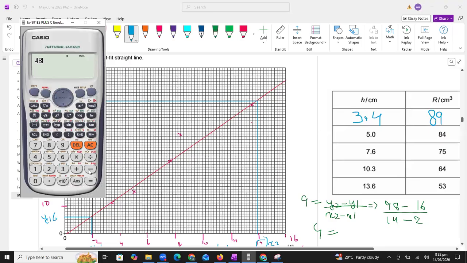Okay, so 48 minus 16, what we are getting? We are getting 32. All right. And 14 minus 2, we will get 12. Okay. So 32 divided by 12, what we are getting? We are getting 2.66. So the gradient we are getting here is 2.66.